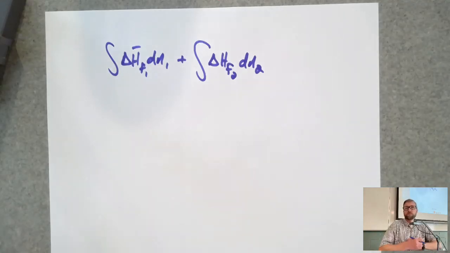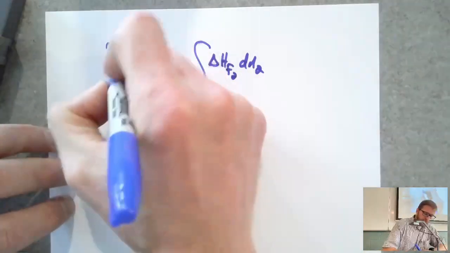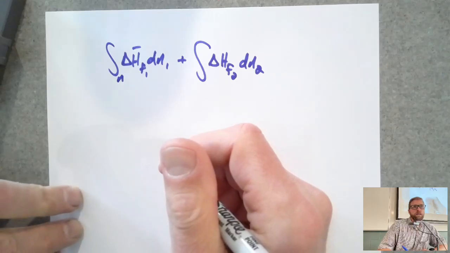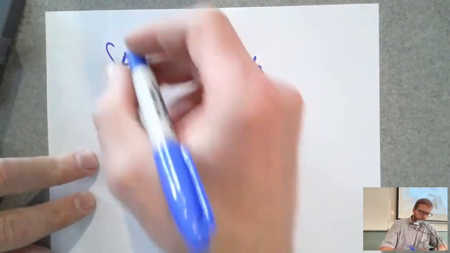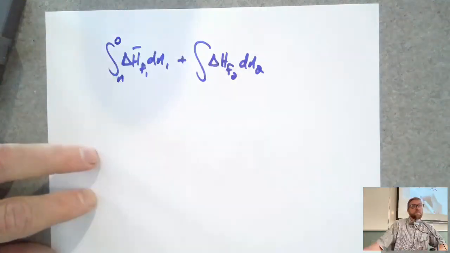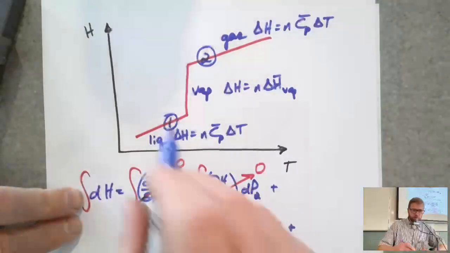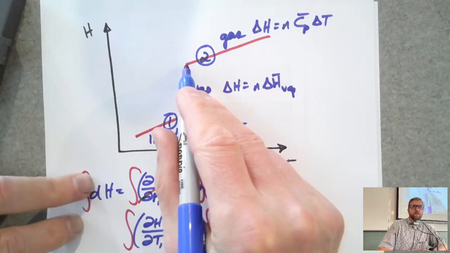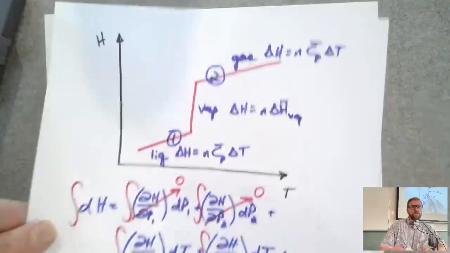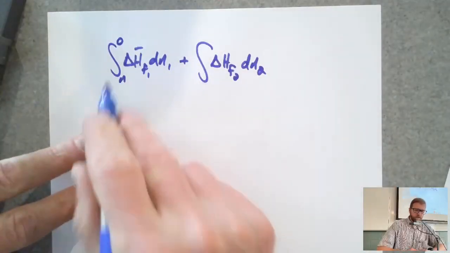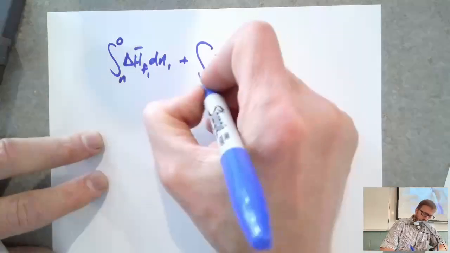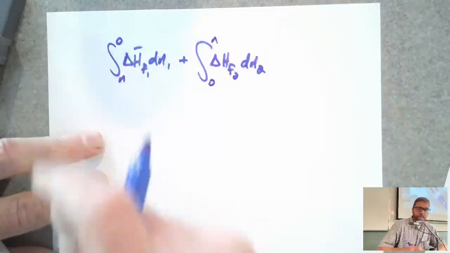It's going from some starting value of n, right? We'll just call that n, to what? Where does it end? To 0. Because I'm going from state 1 to state 2. So state 1 goes away. It goes from whatever it started with to 0. What about state 2? What happens to it? Starts at 0. And then it ends at n.